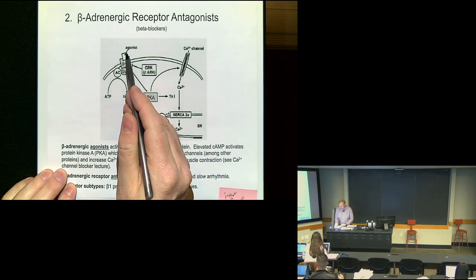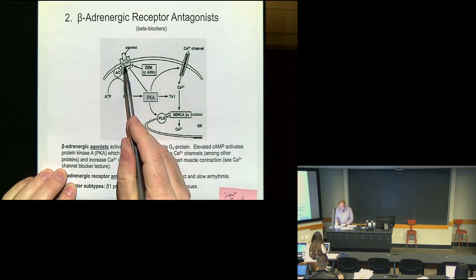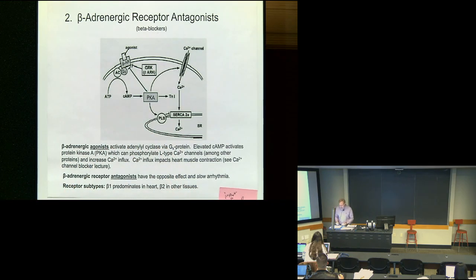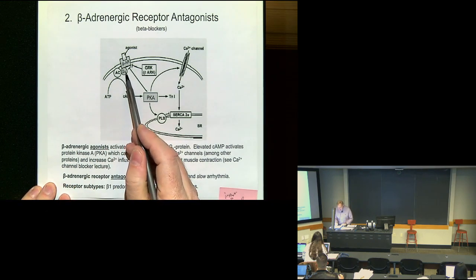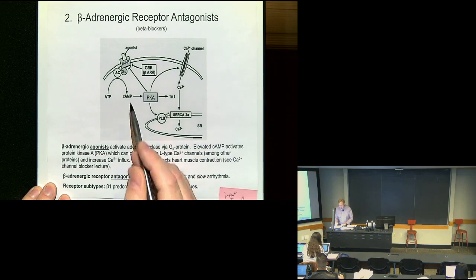But normally when agonists bind, this beta adrenergic receptor is a G protein coupled receptor. Through G protein signaling, it can activate adenylyl cyclase to raise levels of cAMP.